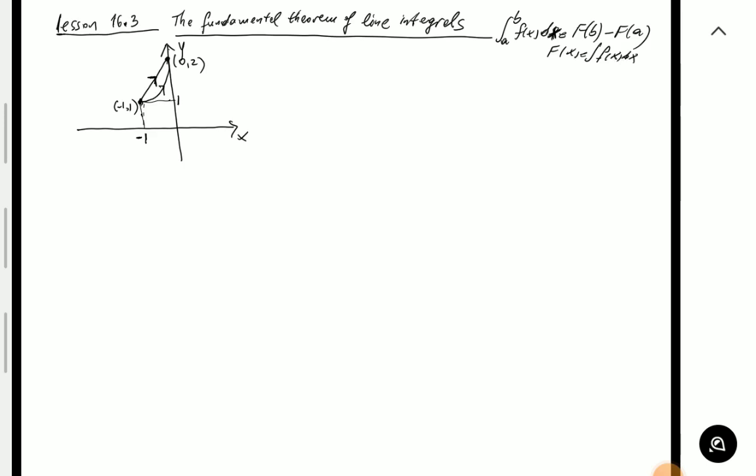As a matter of fact, it's probably even more suggestive for our purposes to write this theorem like this. If I have to integrate a derivative, big F prime of x dx, that's going to be big F evaluated at a and b.